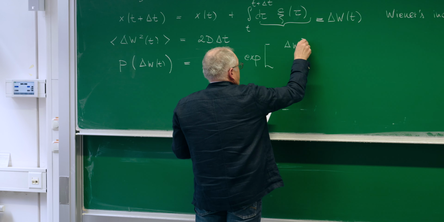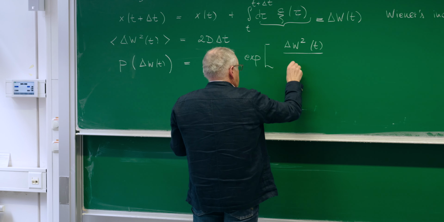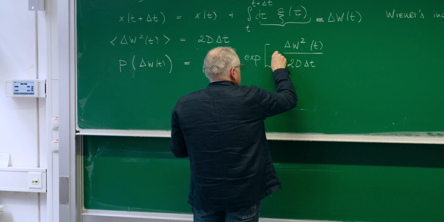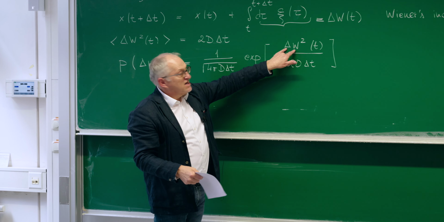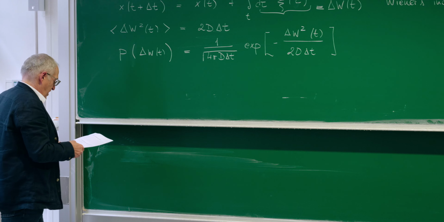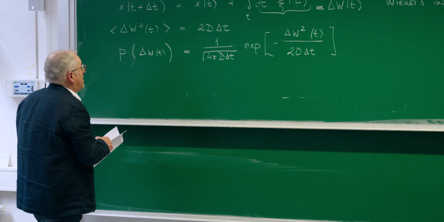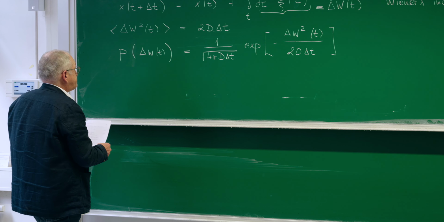So it's exponential of minus delta w squared divided by 2D delta t. Okay, to be precise, I always mean here delta w squared. I'm just writing this in a more handy form. So that's what you have when you go to the incremental form.